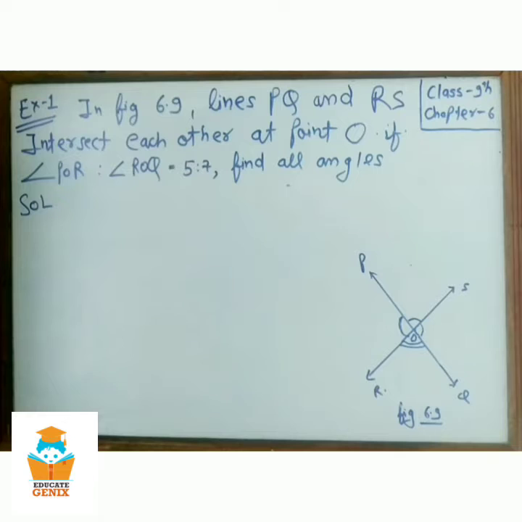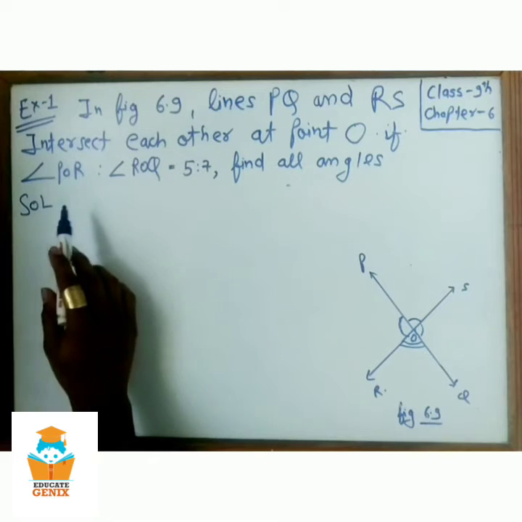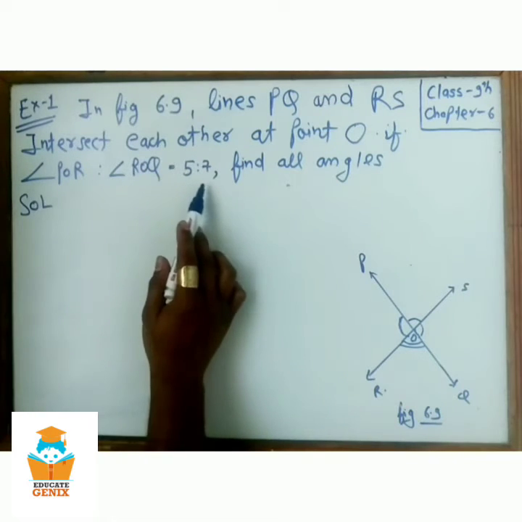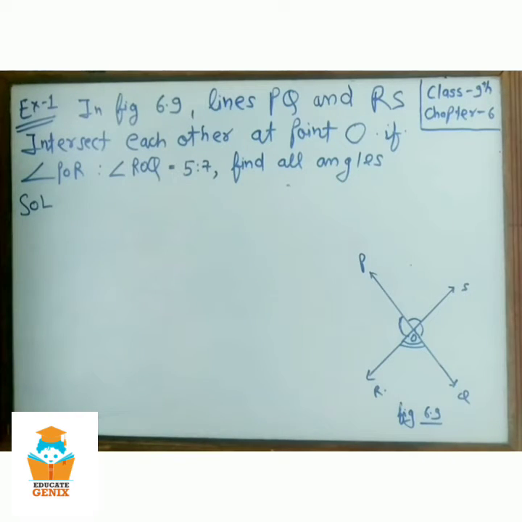So let's see the diagram carefully. As already given, angle POR is to angle ROQ, which is 5:7. There are two straight lines RS and PQ. So here we are going to first mark all the angles.